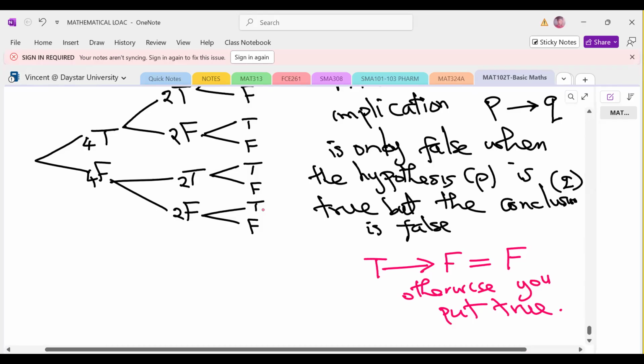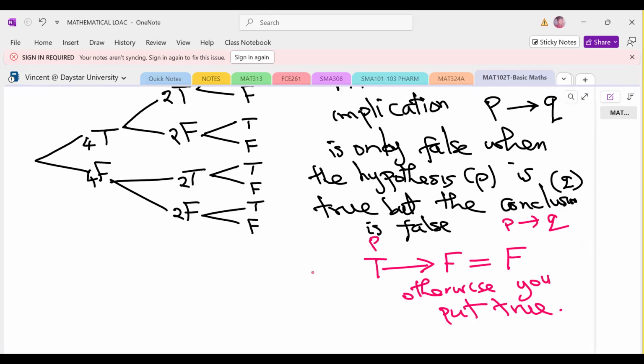The only place you put F is where the arrow is coming from a T value and now it ends with an F value, then you fix an F. Otherwise, the whole other space is true. So where the arrow is coming from is the letter or the statement. Yes. Q when false, then P implies Q is false. Okay? True. Yeah, so that's what we are doing.